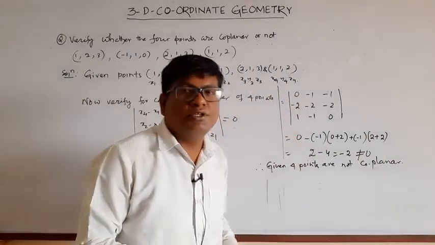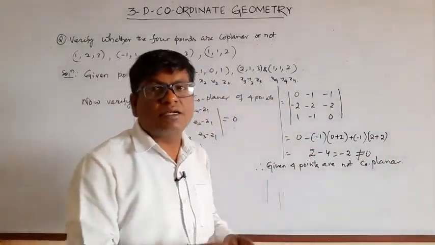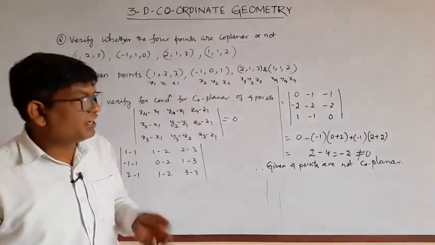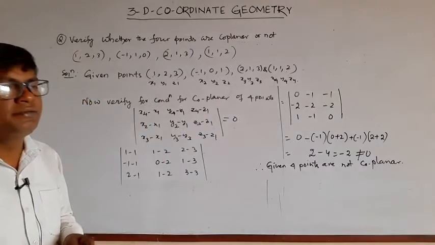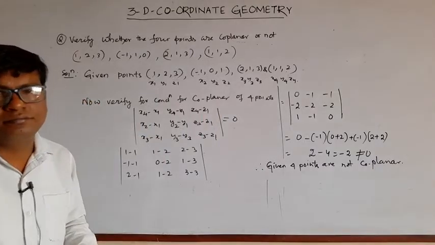If the answer will be 0, then the 4 points are coplanar.